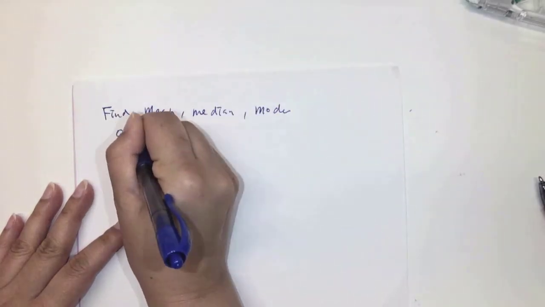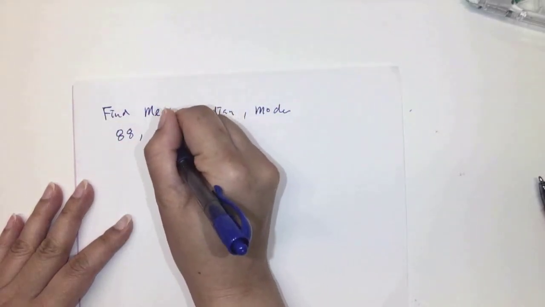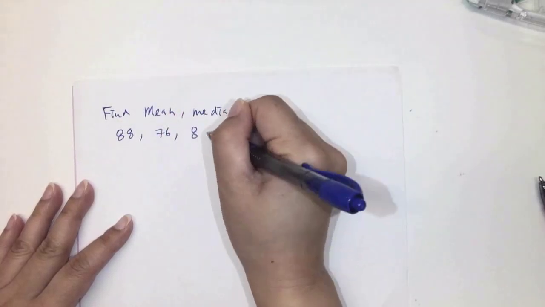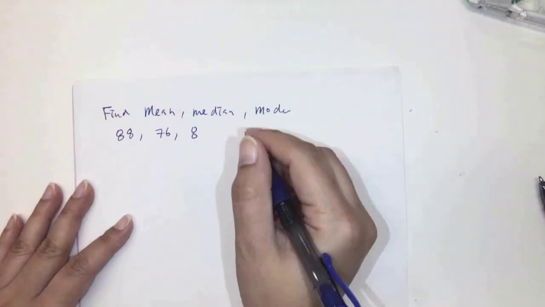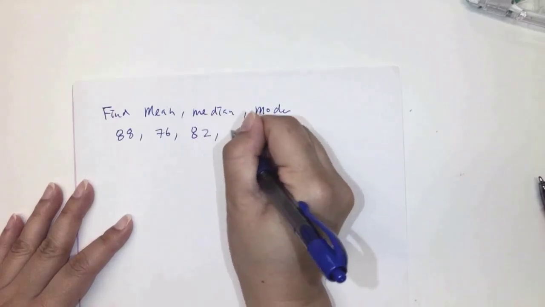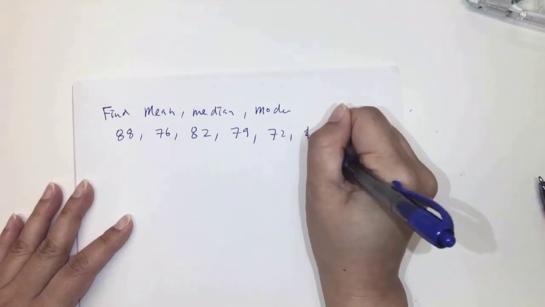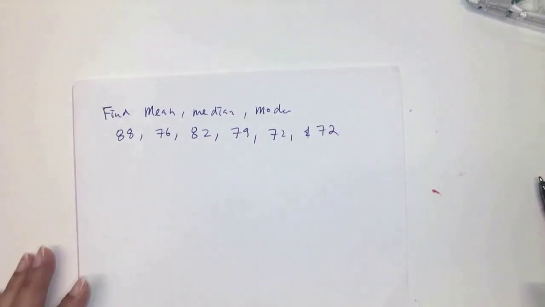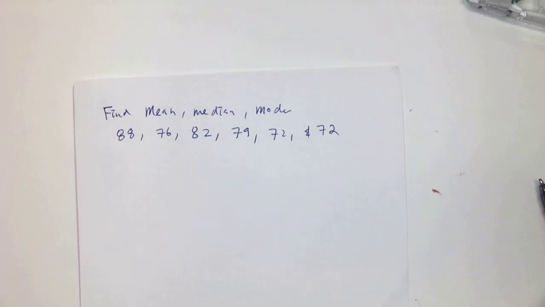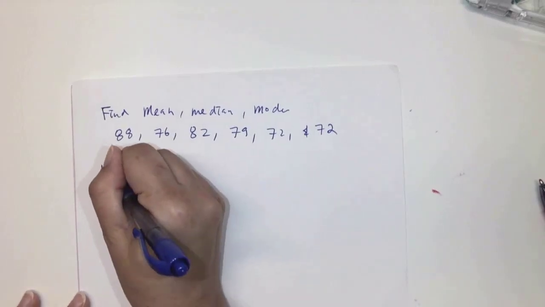Okay, 88, 76. This is the old one, so let me find you another one, okay? 82, 79, 72, and 72. Thank you. All right, so we're going to find the mean first, so we need to do what?